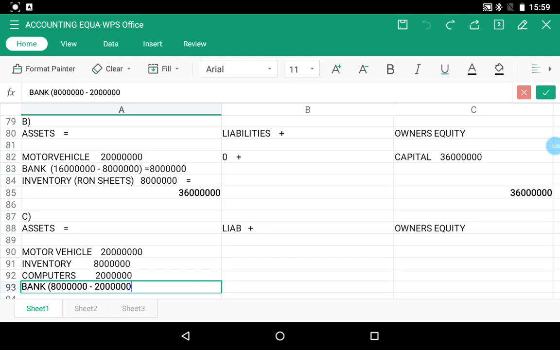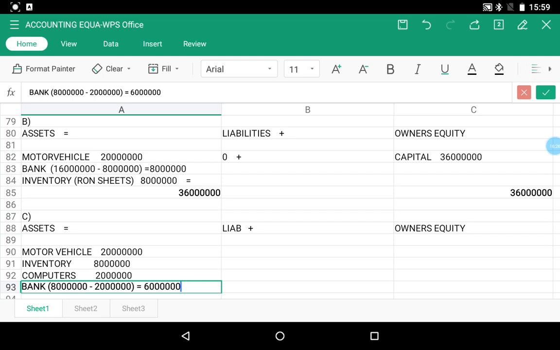So when you get, 8 million less 2 million, you remain with 6 million. So we have a motor vehicle of 20 million, inventory of 8 million, computers 2 million, bank 6 million. So when you check, we don't have any other assets.